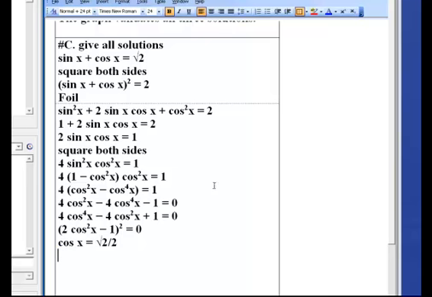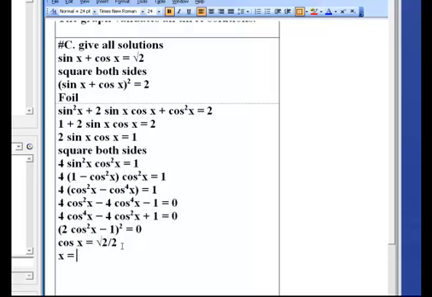That puts us into the first and, let's see, yeah, that's going to put us into the first quadrant, and actually into the 4th quadrant.